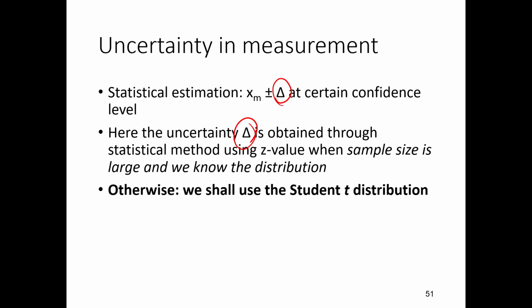The statistical method we have used so far is called the normal distribution, or the Gaussian distribution, or the z-score method. You can use it to find the uncertainty in measurement, but if the number of measurements you have taken is small, you have to use a method called the student t distribution.